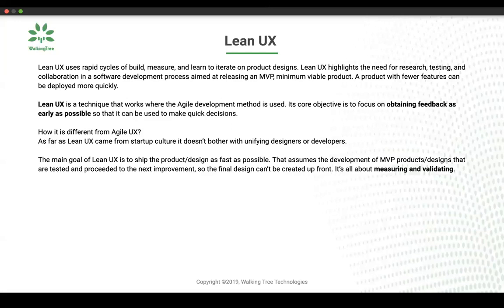And lean UX is also data driven, because every time we release a product, we are going to research, collect the data, analyze the data, and then define our ideas around it. So that's how it is more data driven.